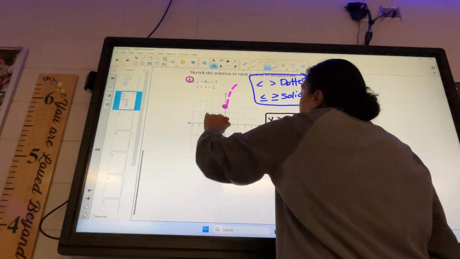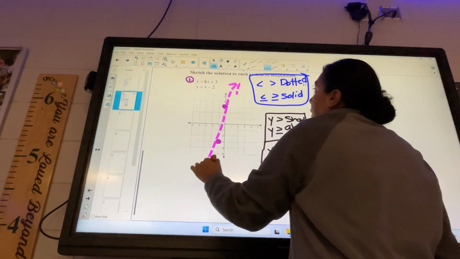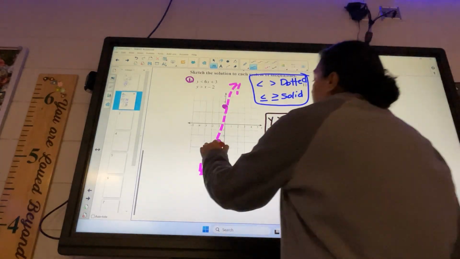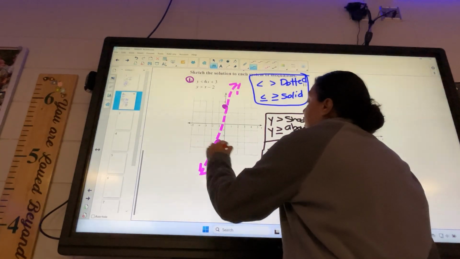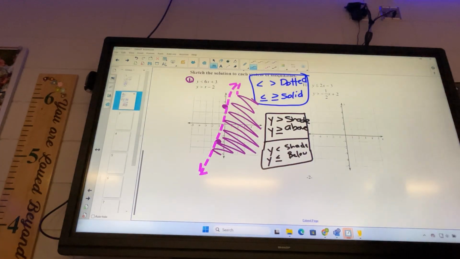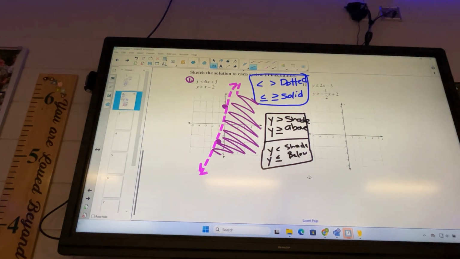It is going to be below. So again, line 1, you're going to shade lightly, so you can still see what's going on because we got another one to graph on this one. Shade super lightly on line 1, just barely enough where you can see it.